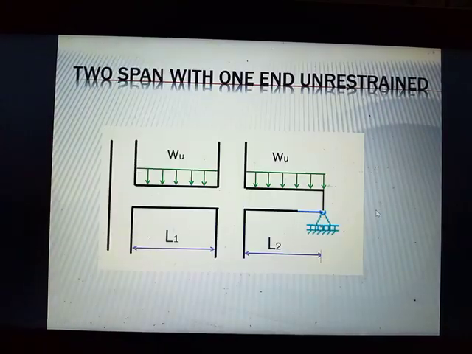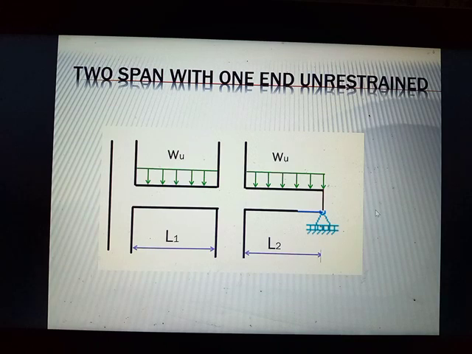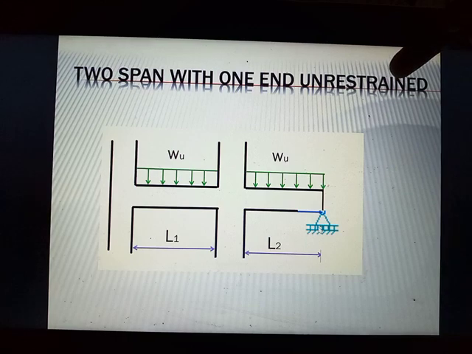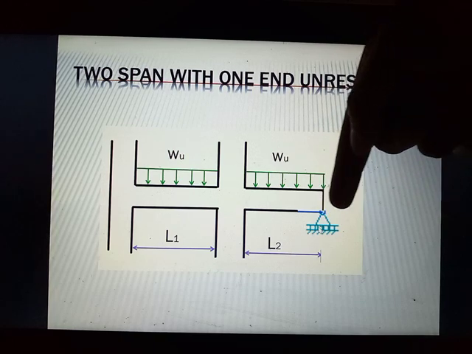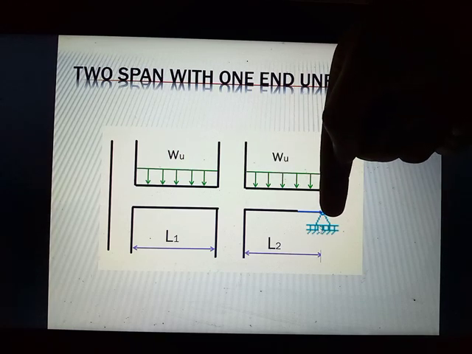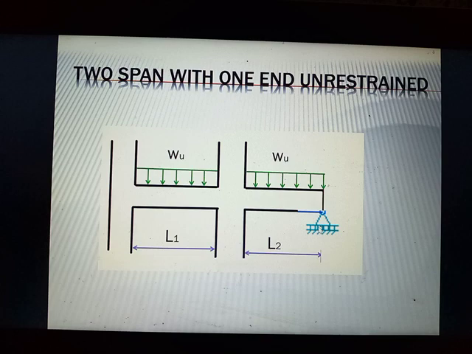Same method, we go again to the table. I will explain: when we say unrestrained, one side is free to move. Since it is unrestrained, it could be a roller or a rocker type, in which at this side it would allow some displacement.